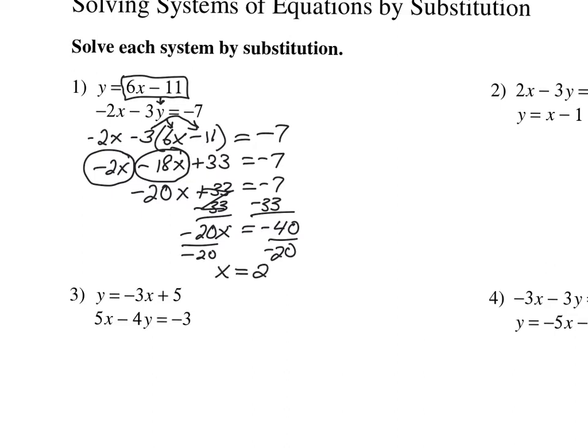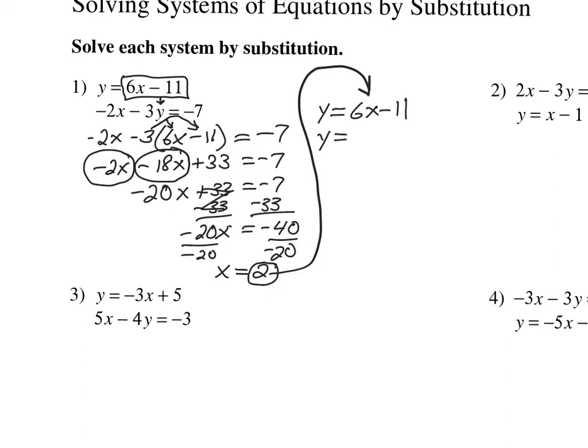So now I know exactly what x is equal to. I still need to know the value of y. So I'm going to take that back up and substitute it into one of the two equations. The easiest one to substitute it into is the one you'd want to pick. So I'm picking this one. I could have substituted it into the other equation, but this one's real simple. All I have to do is multiply and then subtract.